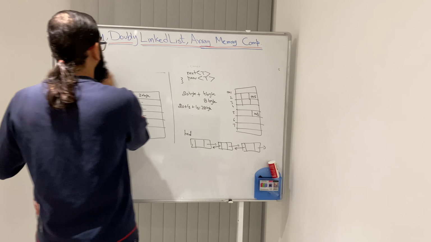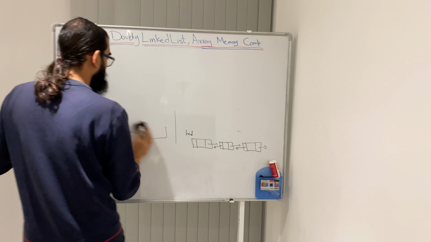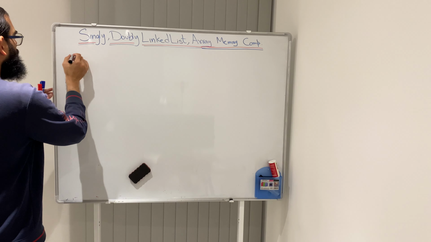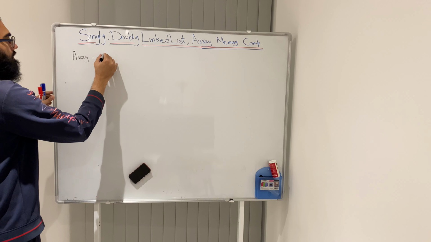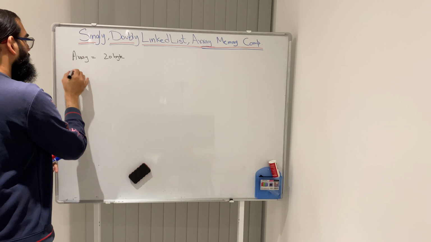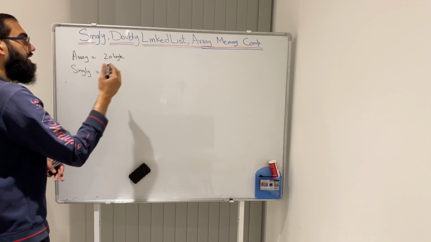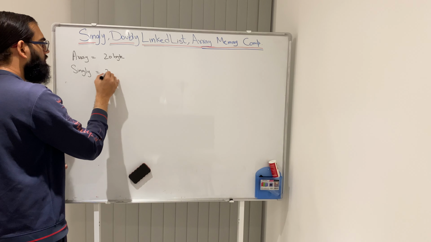So I can write again here. So please remember this, the memory structure. I will not create it again. So array, if it's 20 byte, it's exact 20 byte, there is no overhead. Singly linked list, it depends on 4 byte, the system 32-bit or 64-bit, but I'm going with 32-bit.